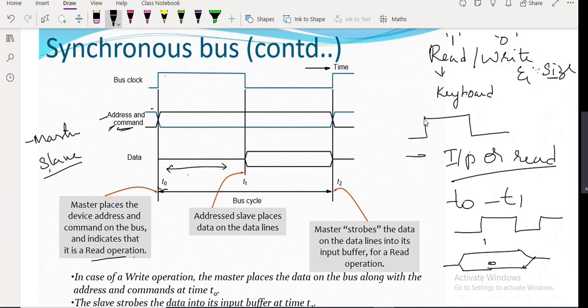And the output, you write later. Just write the heading later: synchronous output operation or write operation.